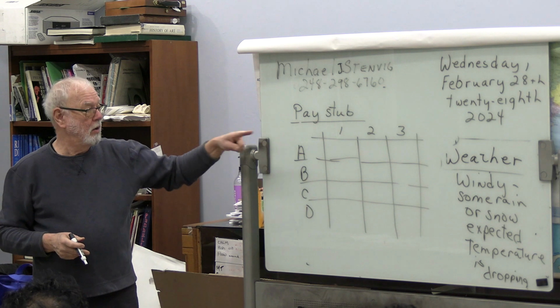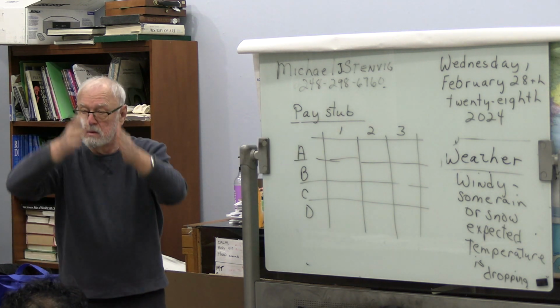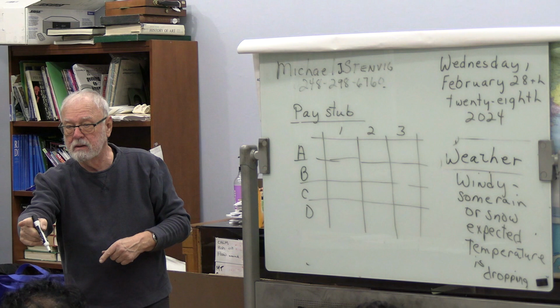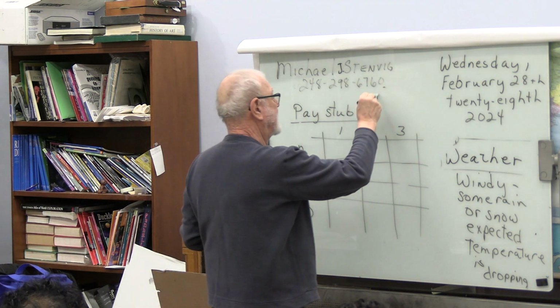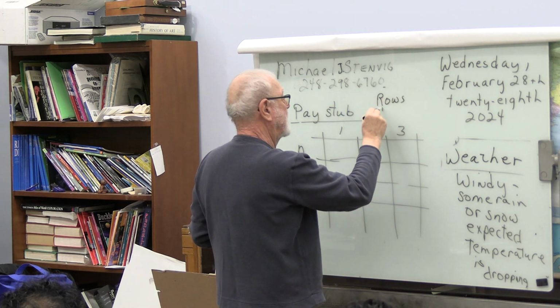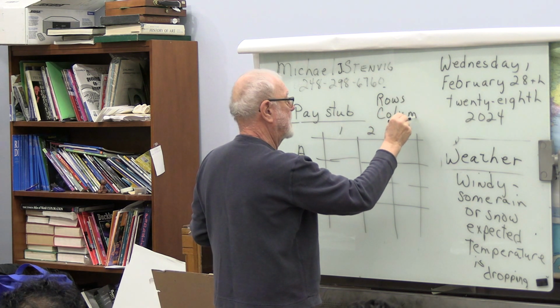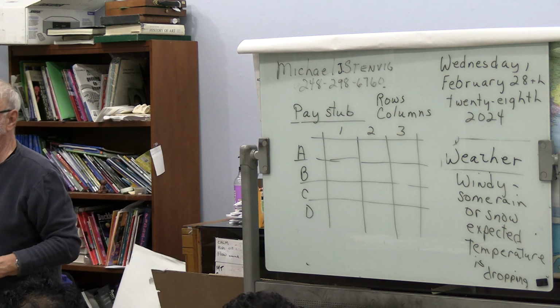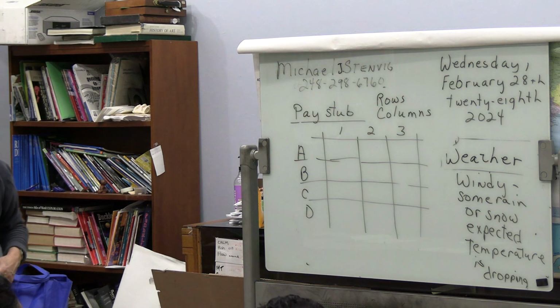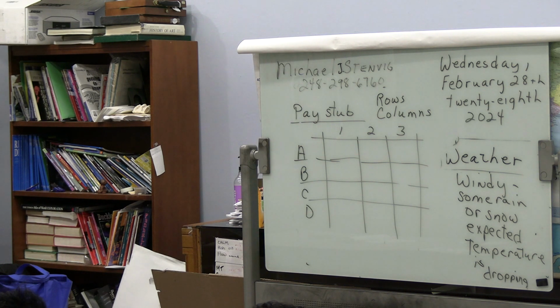And what are these? Columns. The rows go this way. Columns come from buildings. You see the beautiful building with a column going up and down. Column.